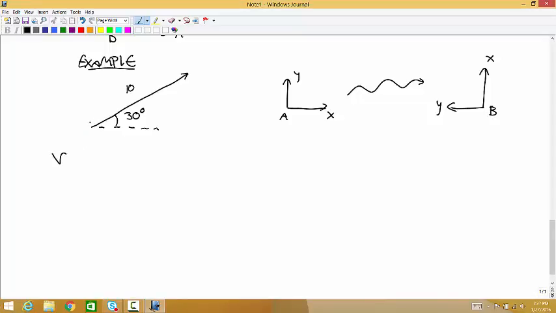Okay, so this vector expressed in coordinate system A is 10 times cosine of 30, 10 times sine of 30, so 8.66 and 5.